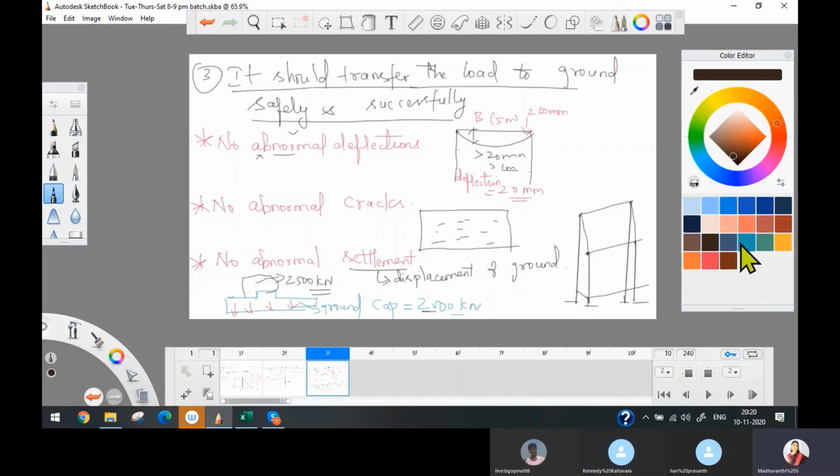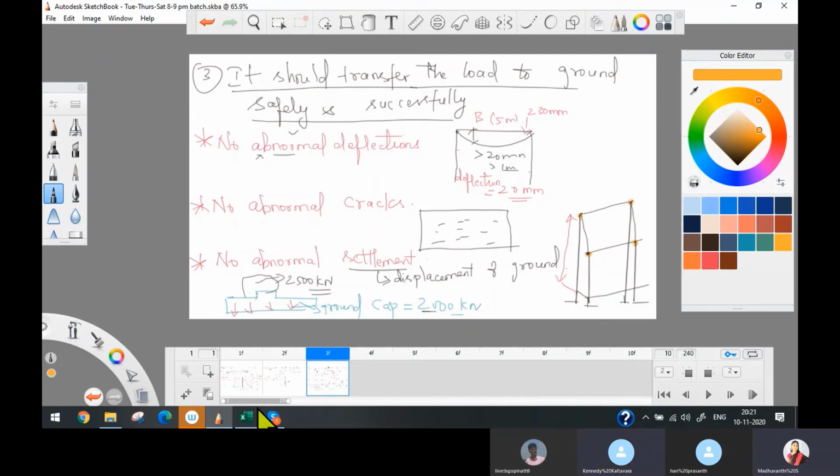We can measure these heights from the ground level, at all these four corners, and check if there is any level variation. All these levels should be equal, right? If there is any level variation, that means some settlement must have happened. Likewise, we can ensure during the construction, right?